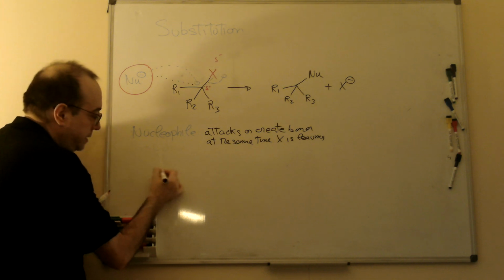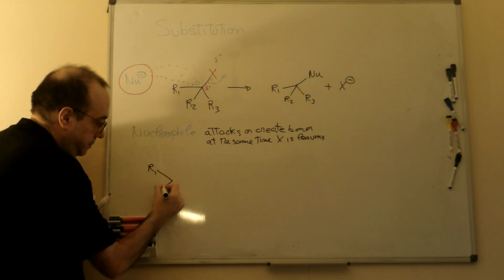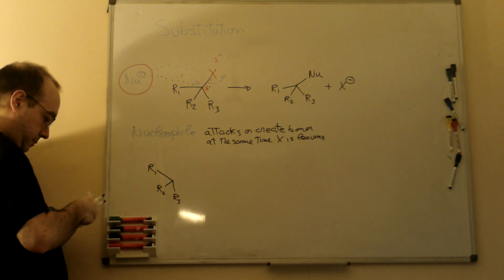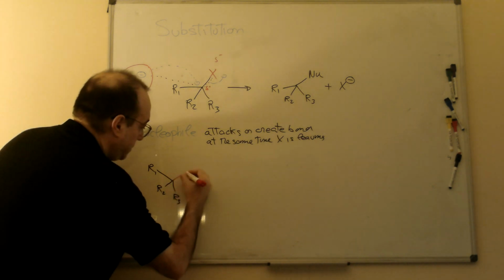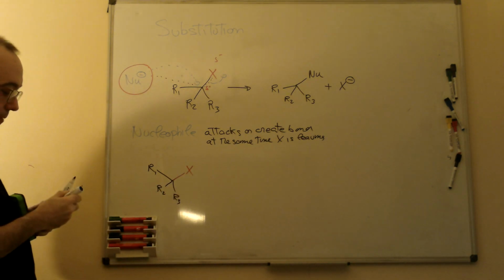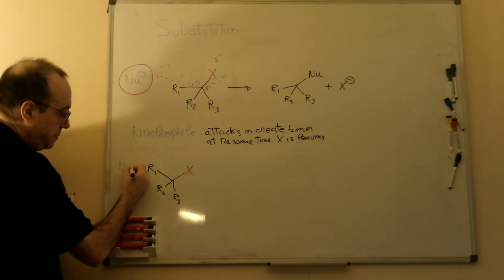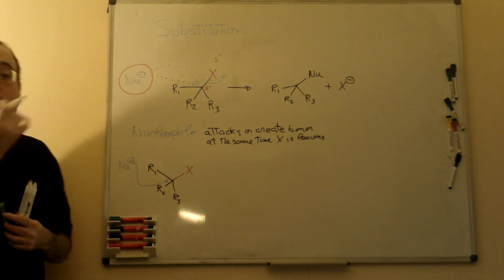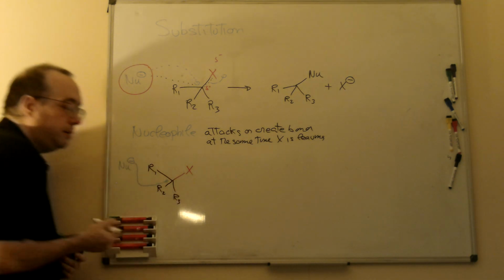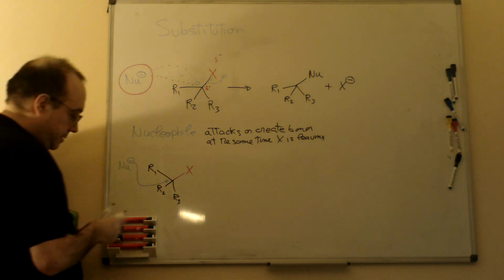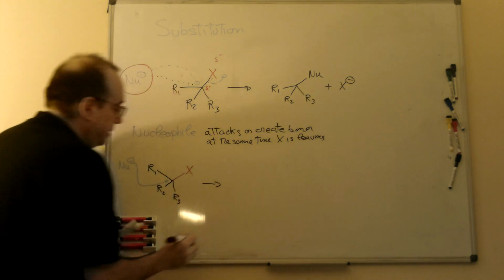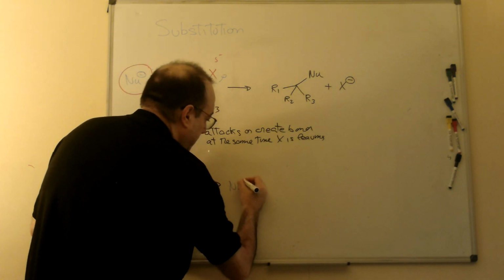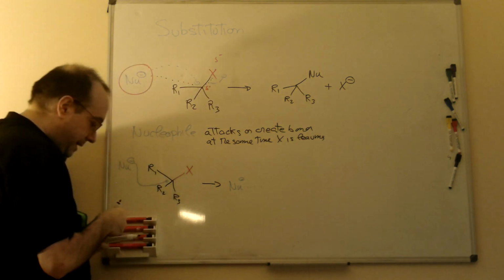Here we have the molecule, and then the nucleophile attacks from behind, just opposite where we have the carbon leaving group bond, and what is happening is that you have the nucleophile on one side.